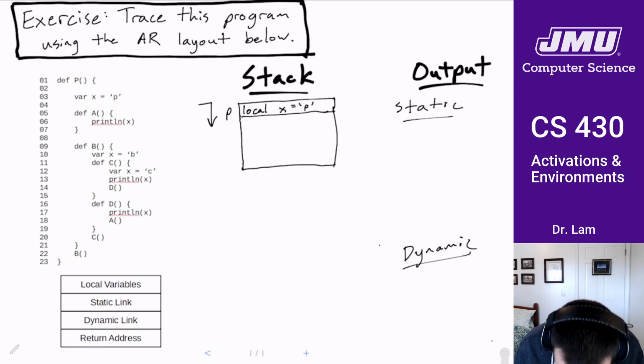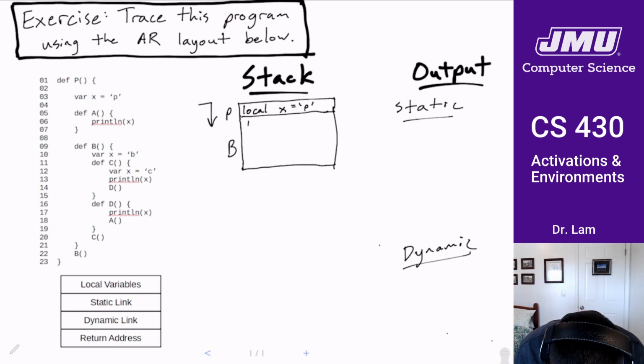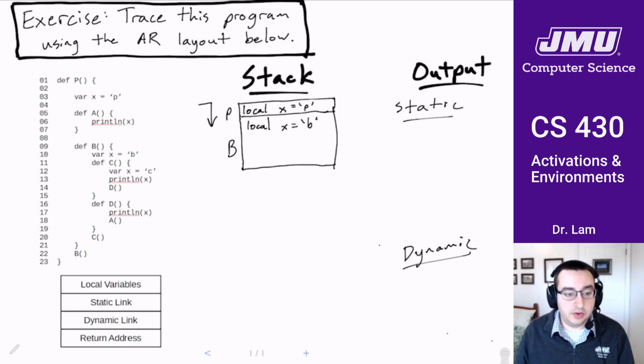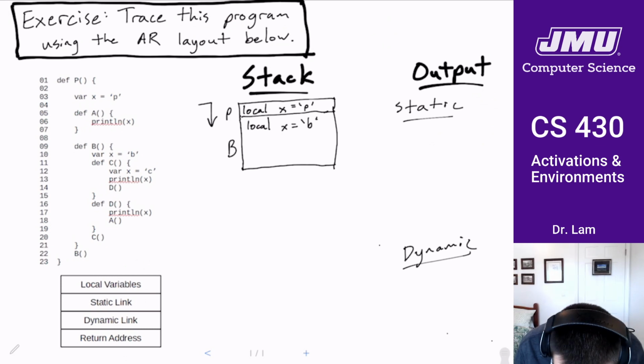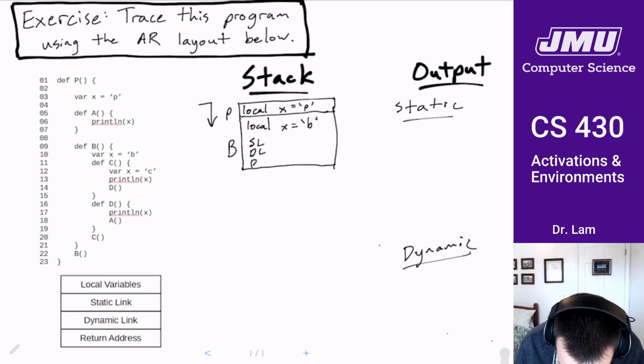So here is B. So we are going to have a local variable. It is also going to be x, and its value is going to be B. We're going to have a static link, we're going to have a dynamic link, and then we're going to have a return address.